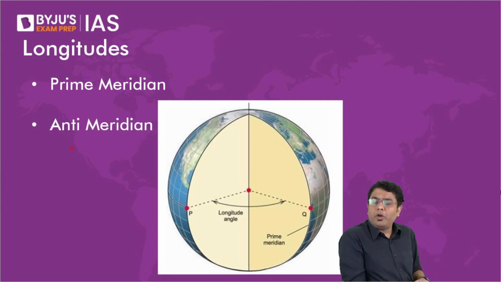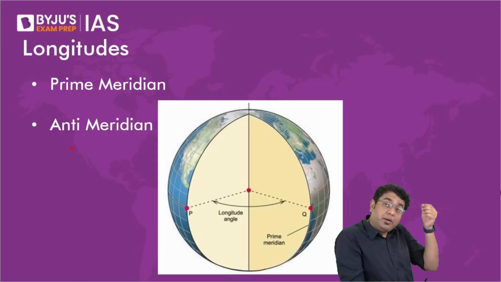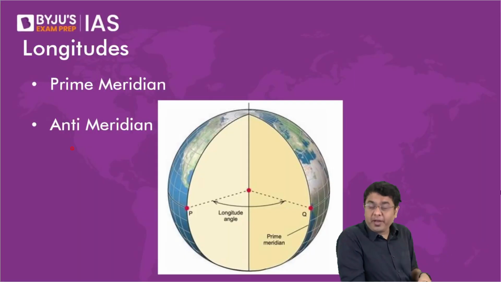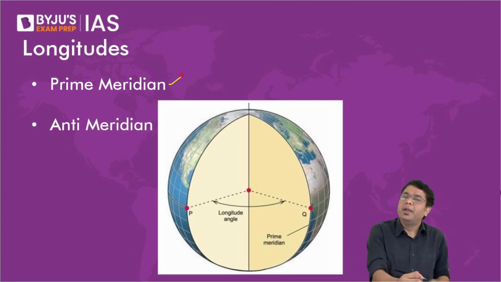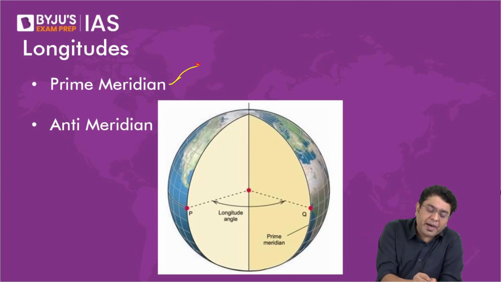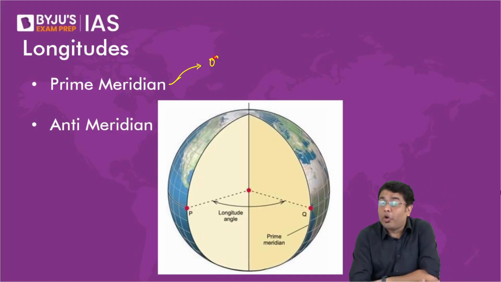The postmaster general of London decided that the longitude passing through the Royal Observatory, the apex observatory of astronomical understanding, should be made a reference around which the entire world will adjust their time accordingly. So that is what formed the prime meridian. The prime meridian is the one which passes through the Royal Observatory in Greenwich, close to London.